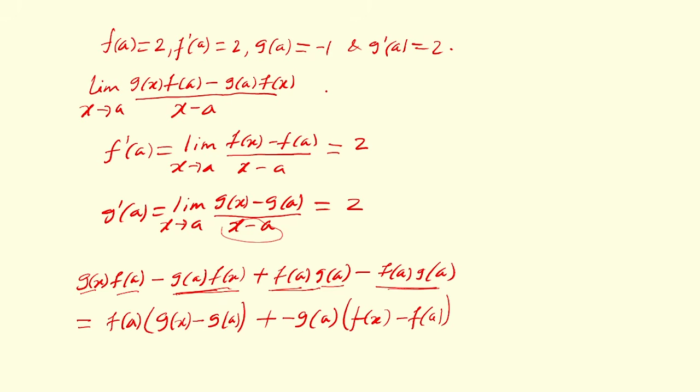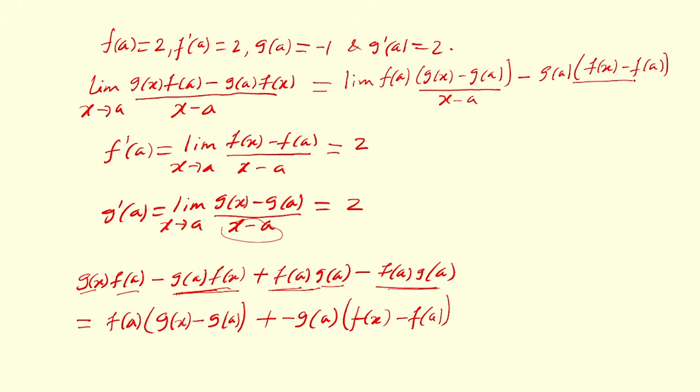So totally this expression can be written as limit of, now we can replace this by f of a, g of x minus g of a over x minus a, minus the other here, g of a in bracket f of x minus f of a over x minus a, common denominator as x goes to a.